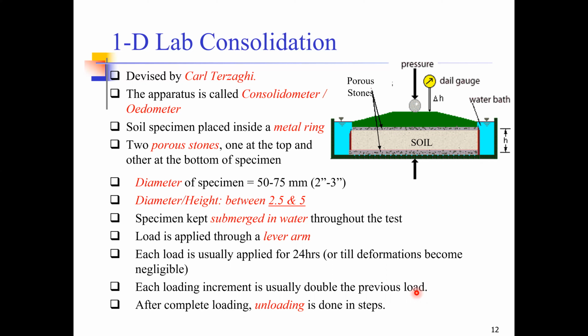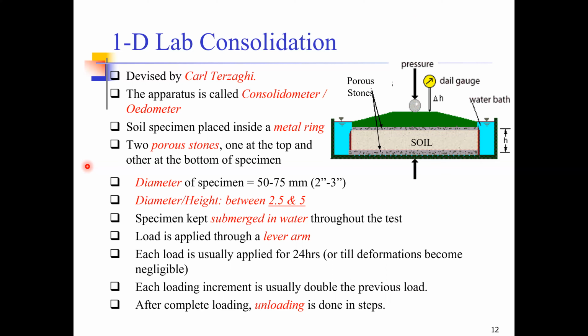Once you have applied all the loads, then finally you also apply unloading. So first we apply all the loading increments, and once all the loading is done, we start unloading the assembly, and the unloading is again done in certain steps.